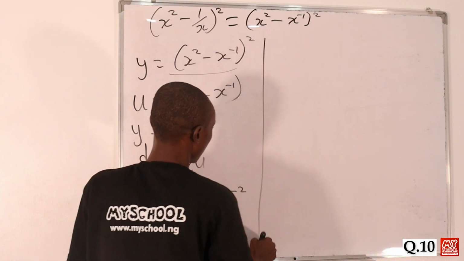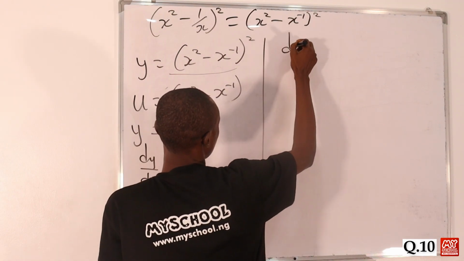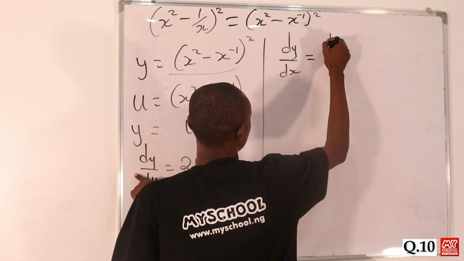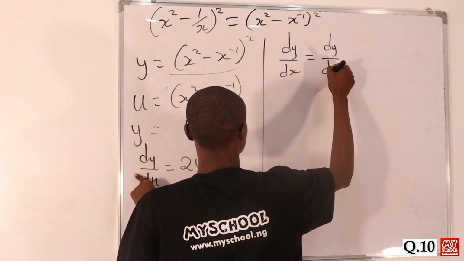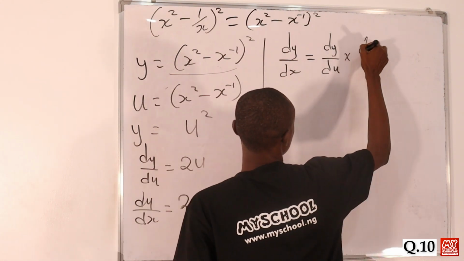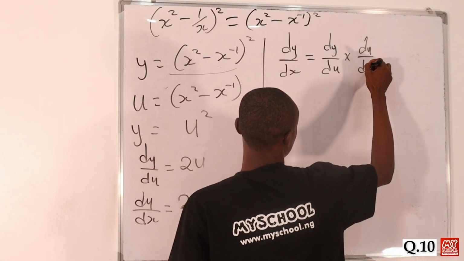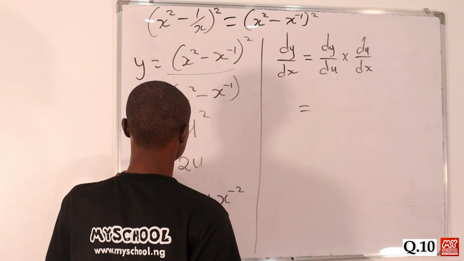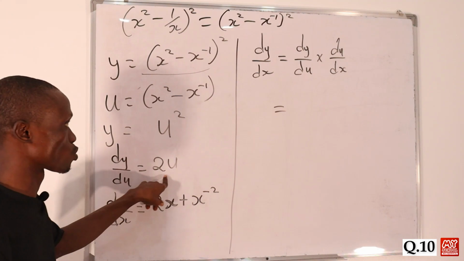Now, since we are using chain rule, our dy over dx will be simply equals to dy over du, then times du over dx, okay? So let's bring in our values. Now remember, dy over du is equals to 2u, okay?